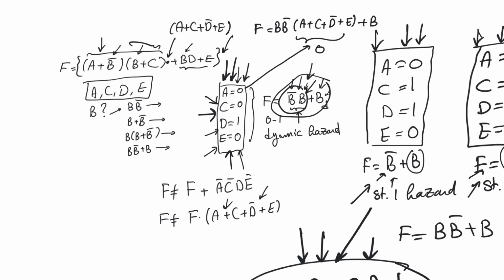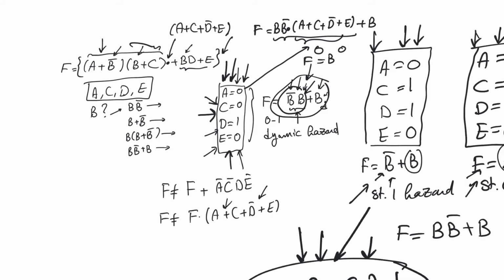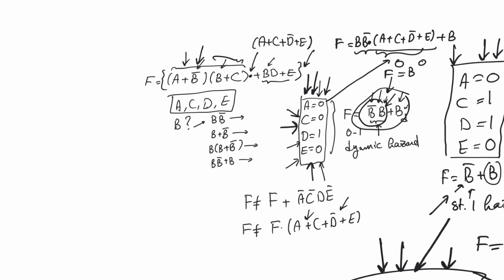And in this case, it's going to suppress this entire term down to 0. And so F is going to be equal to B, and you will see the transition without any glitching. And it doesn't change the function because all it does is reduce these first two brackets to 0 under a very specific circumstance.